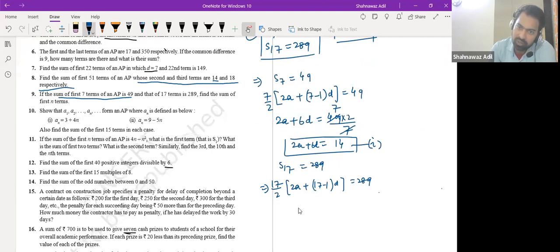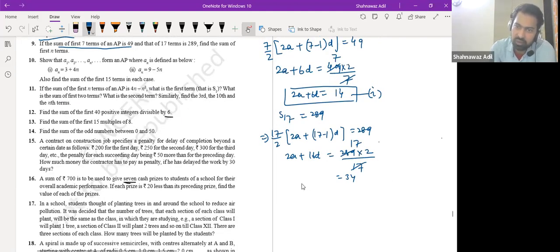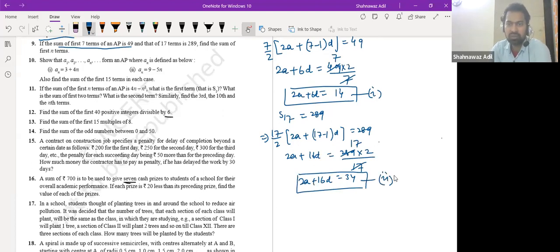So this is 2a plus 16d, and 289 into 2 divided by 17. 17 times 17 is 289, so this would be 34. So 2a plus 16d is 34. This is the second equation. Now you please calculate what would be a and d.